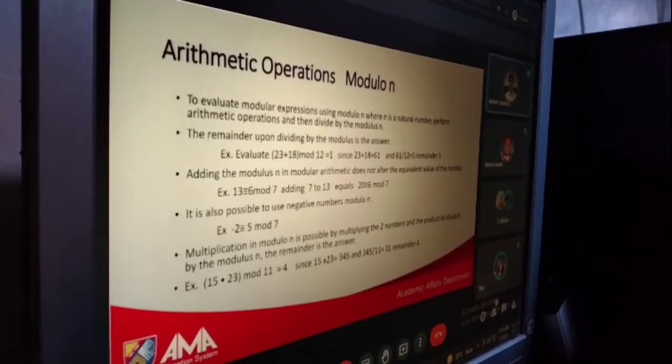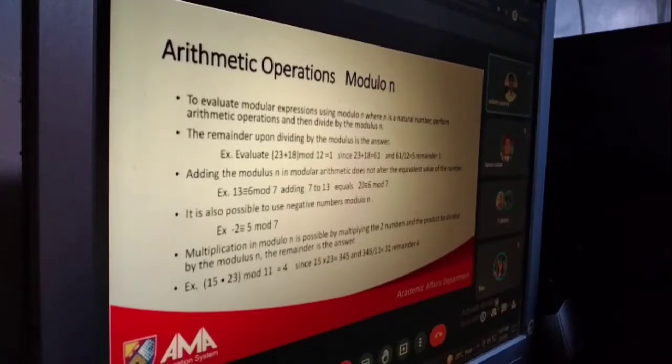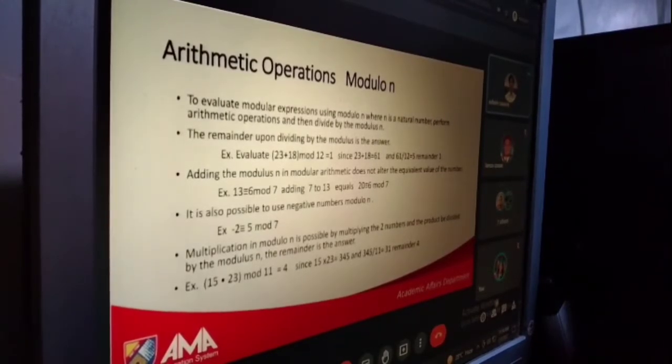Okay. Next, it is also possible to use negative numbers in the modulo. So, pwede siyang maging positive, pwede siyang maging negative or any negative integers doon sa ating magiging given sa modulo or some modular arithmetic numbers.